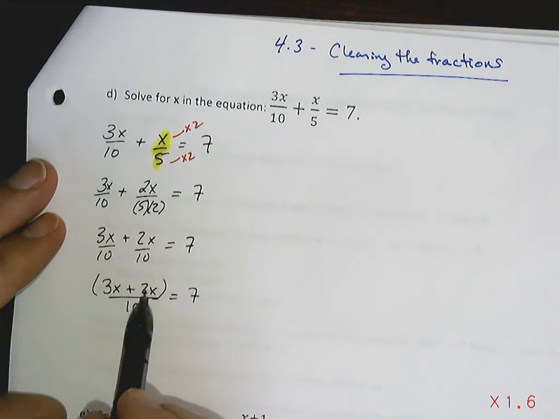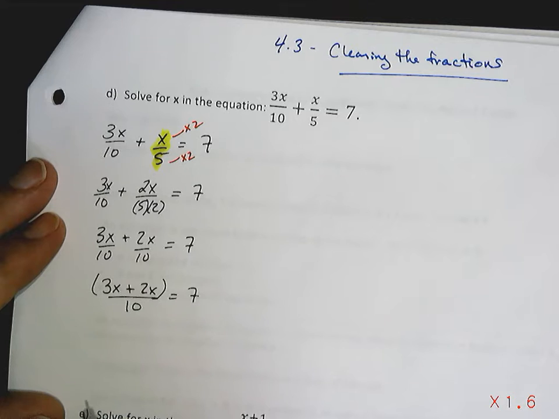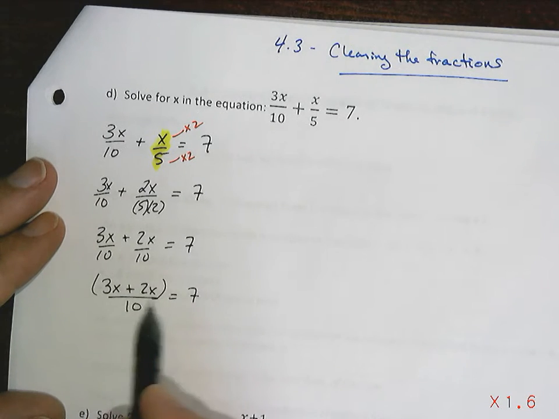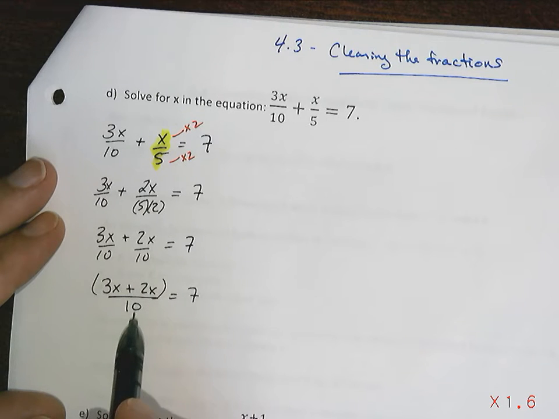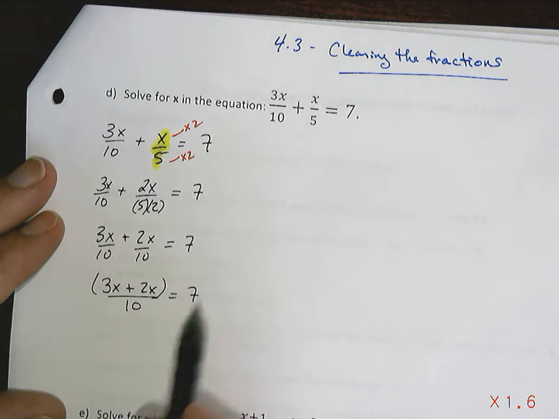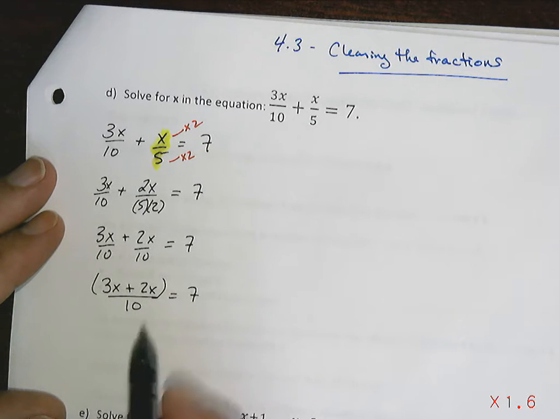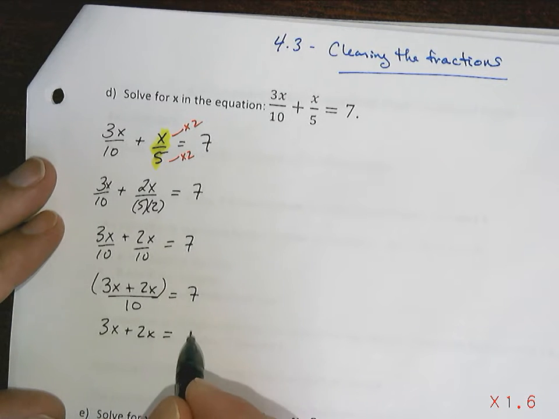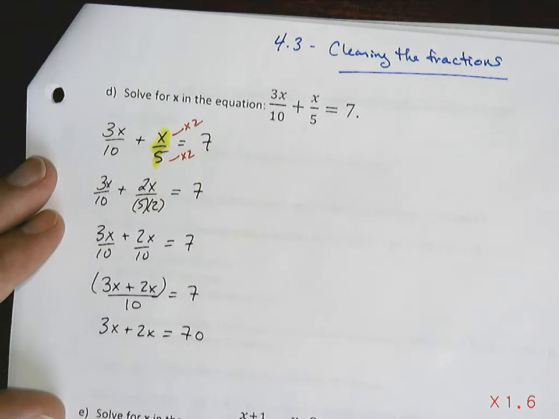I know that it's 3x plus 2x, which really means it's 5x, isn't it? There's 3 x's here, plus 2 more x's. This is really 5x. And I've got that whole thing being divided by 10. So the first thing I'm going to do is multiply both sides by 10 to get rid of that bottom 10. And that's going to be 3x plus 2x equals 7 times 10, which is 70.